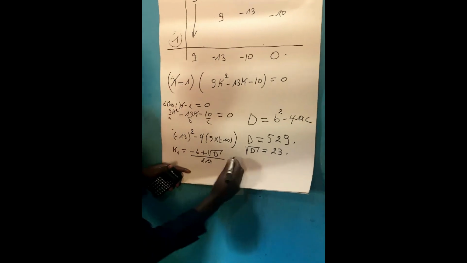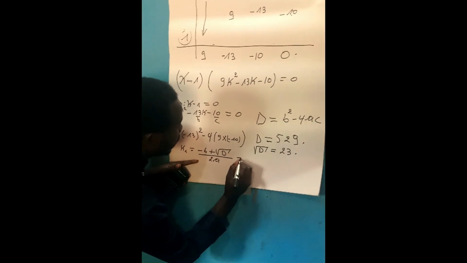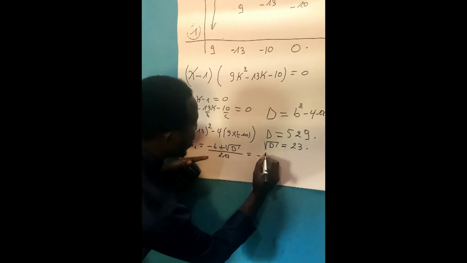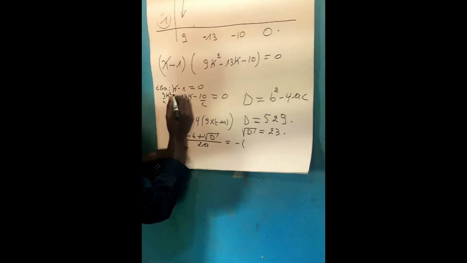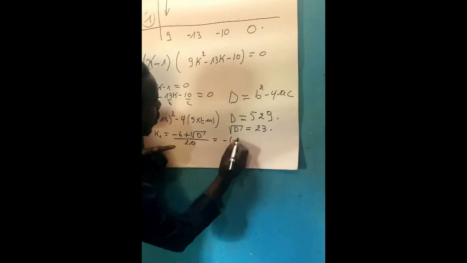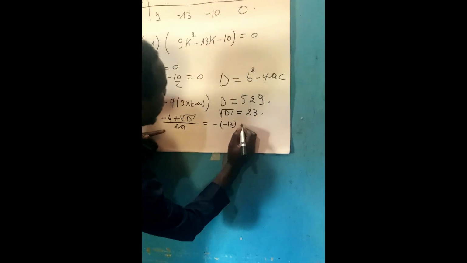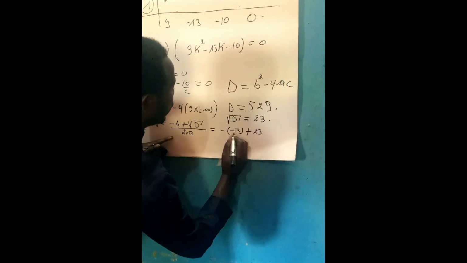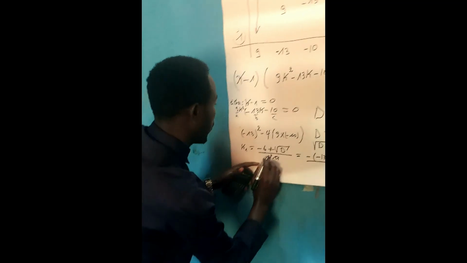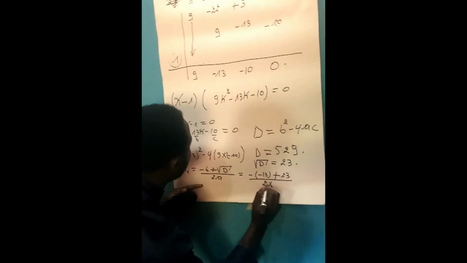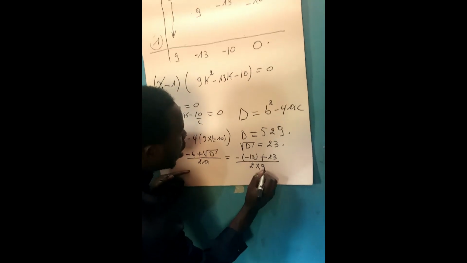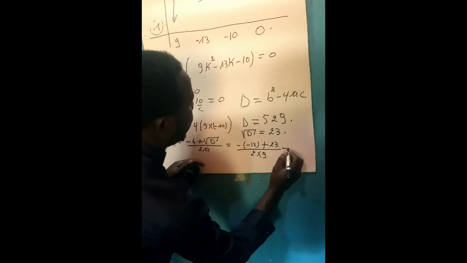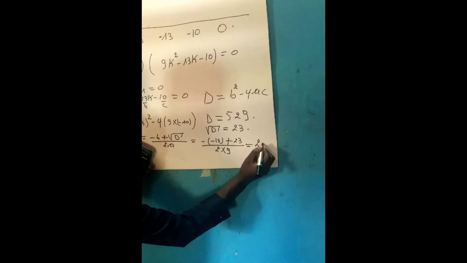So we take B, which is minus 13, so minus B, then plus 23, over 2 times A, which is 2 times 9, which is equal to 2. It means K1 is equal to 2.